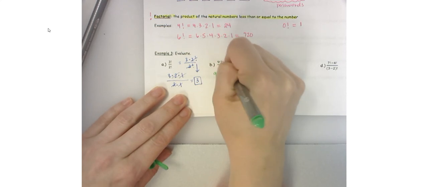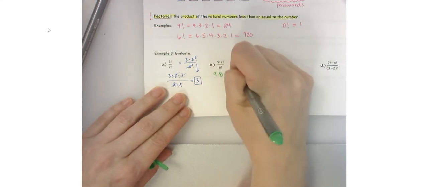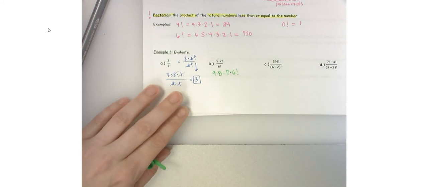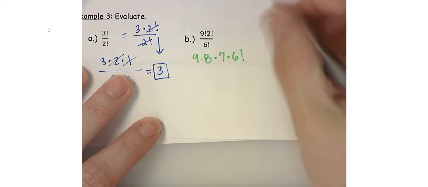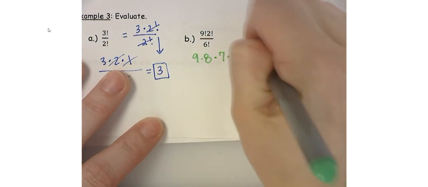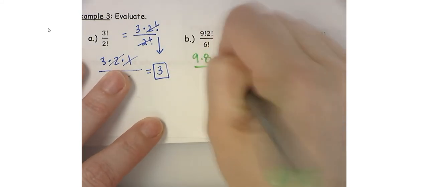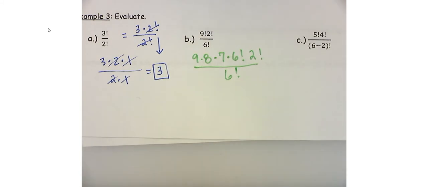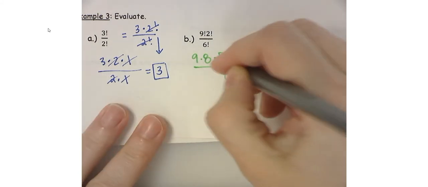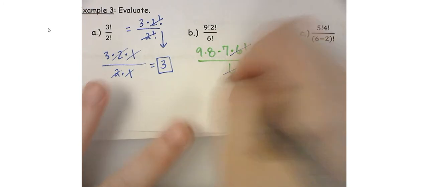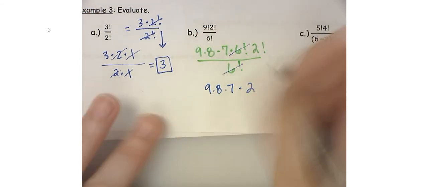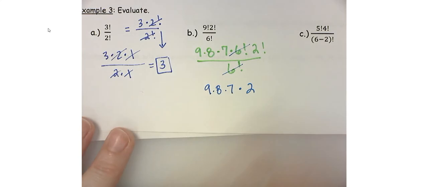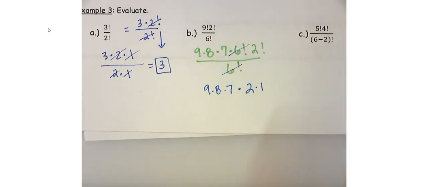Then these are going to cancel, and I'm left with 9 times 8 times 7 times 2, or 2 times 1. So then we can use our calculator for that part. 9 times 8 times 7 times 2. You get 1008.